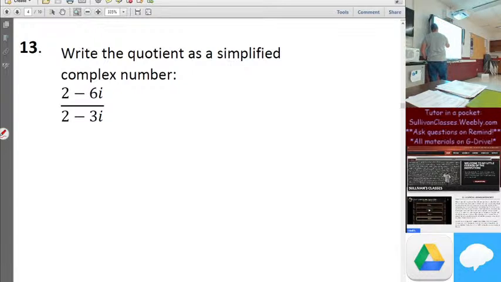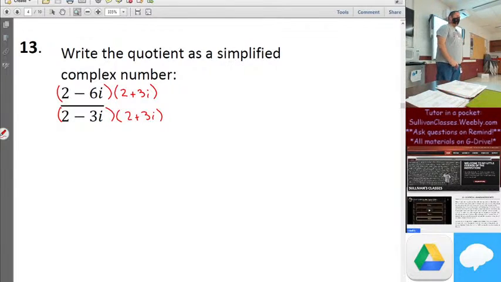If I just multiplied by i, I'd end up with an i over here. I'm not going to accomplish anything. But if I multiply by the conjugate, I'll end up with a squared thing and a squared thing, and the middle term will cancel. That's its whole purpose.